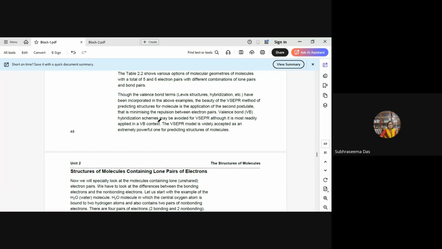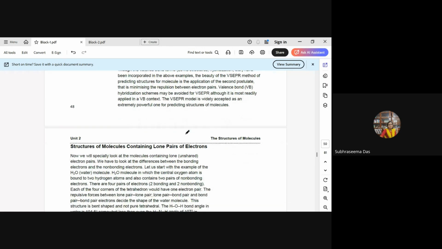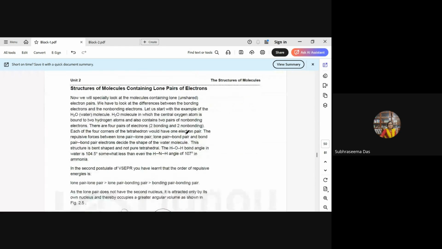Although VSEPR has its limitations, it is an extremely important method for predicting the geometries of different types of molecules. Although VSEPR theory has its flaws, still it is one of the very important theories that helps us in predicting the structure of different types of molecules.